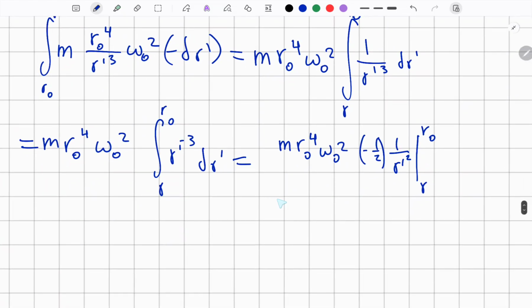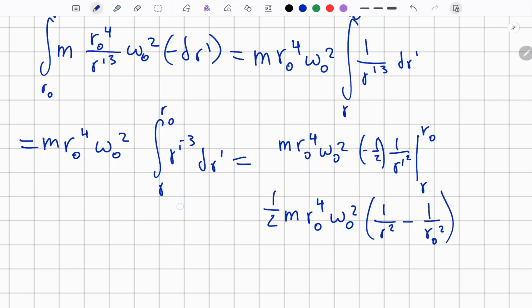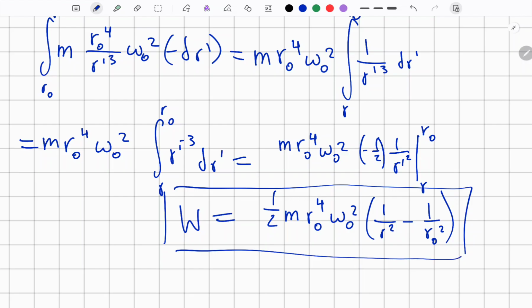Once again, we can get rid of that negative, switch our limits of integration. And that'll be 1 over r squared minus 1 over r naught squared. This is our work. That answers part B of our problem.